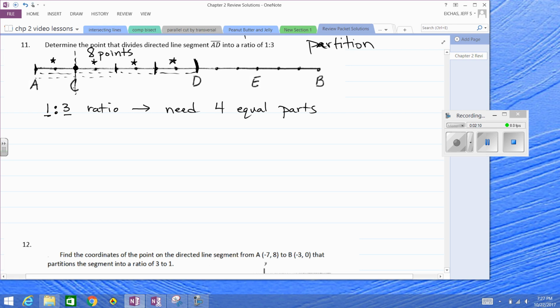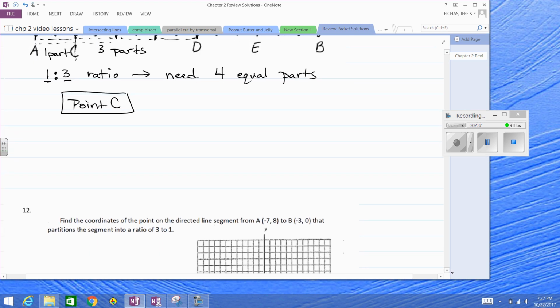A to C being 1 equal part, and C to D being 3 equal parts. So there's your 1 to 3 ratio. The answer then is determine the point that divides the directed segment. Okay, it's going to be point C. All right, that's going to be our answer.